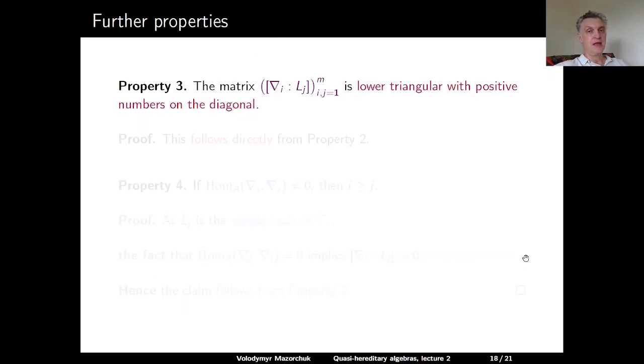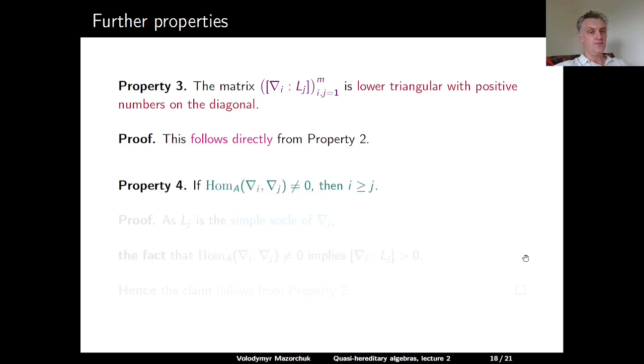Property 3. The matrix of composition multiplicities of Lj's in nabla i's is a lower triangular matrix with positive numbers on the diagonal. That follows directly from property 2, similarly to standard modules.